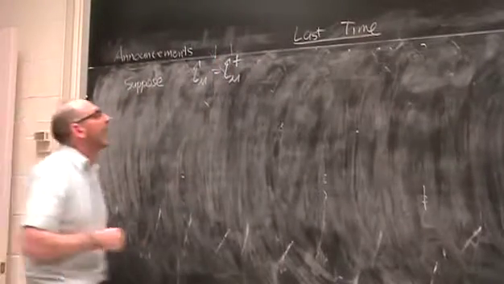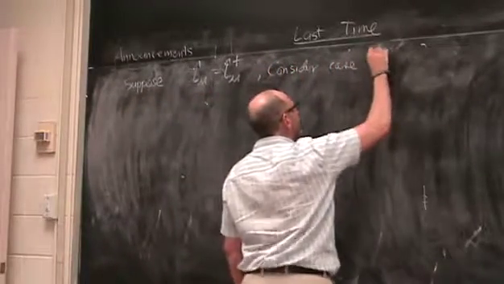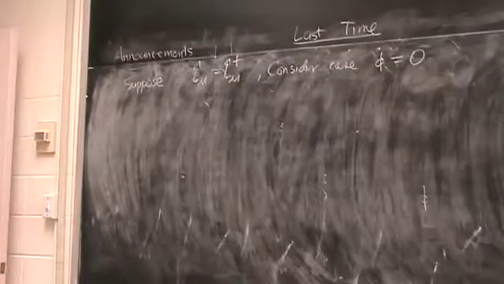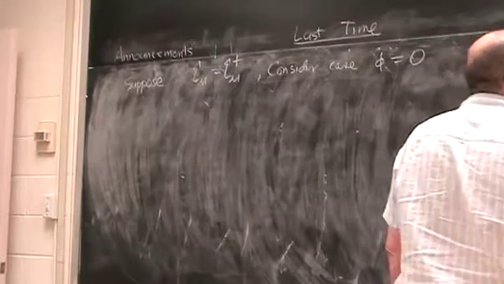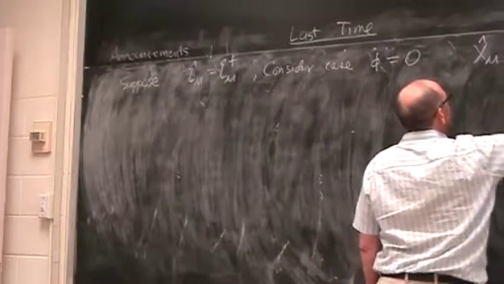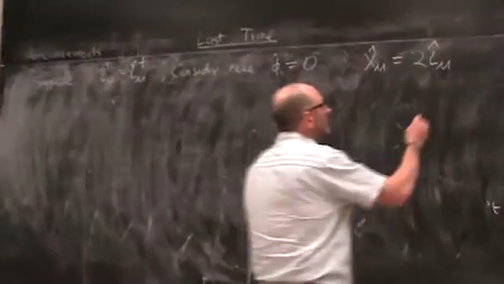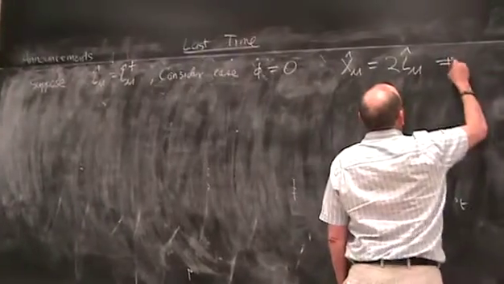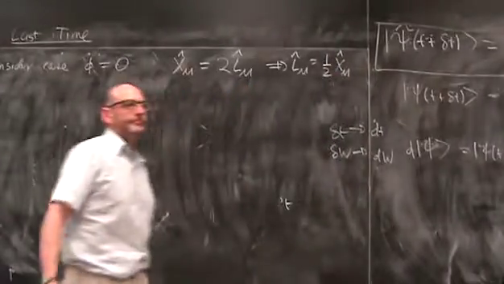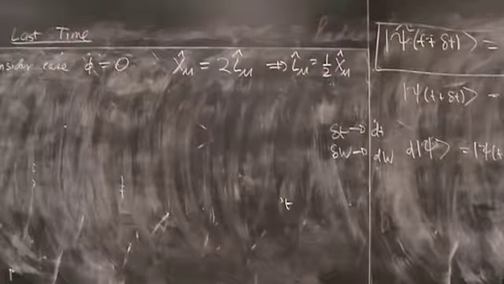And let's consider the case where the local oscillator phase is 0. Doesn't really matter what it is. Then in that case, x mu is equal to twice L mu, or L mu is equal to a half x mu. Remember that we defined x mu somewhere. That's L mu dagger.